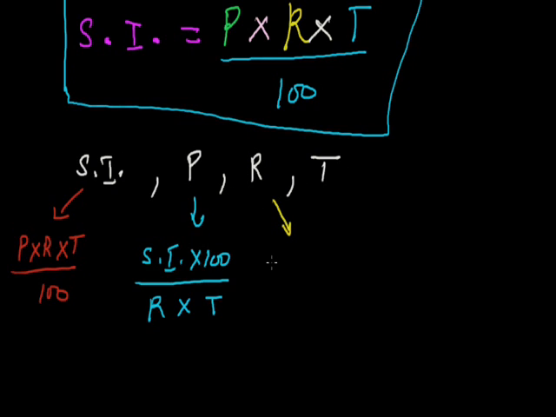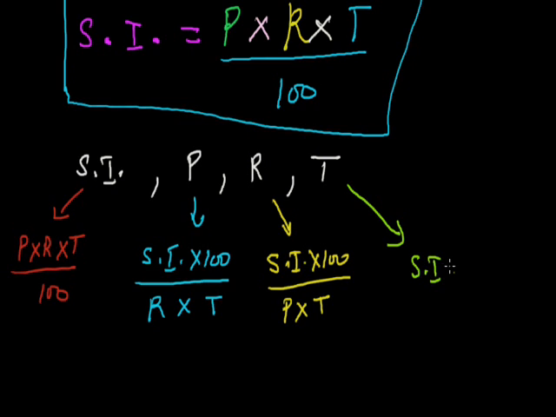So rate can be calculated by using the formula SI into 100 whole upon P into T. Now if we have to calculate the time period and the other three variables are given, then we can calculate the time period using the formula SI into 100 whole upon P into R.